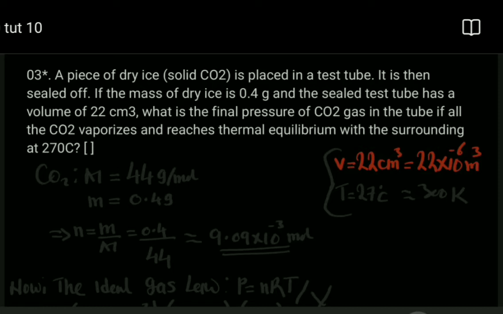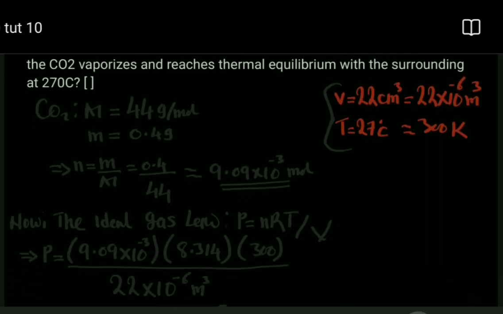The temperature at thermal equilibrium is 27 degrees Celsius, converted to kelvins, and we have 300 kelvins. Okay, so now what is the pressure given this volume and at that temperature? Notice that the ideal gas law gives P equals nRT over V. All right, but we need n first, the number of moles, which is the first step.